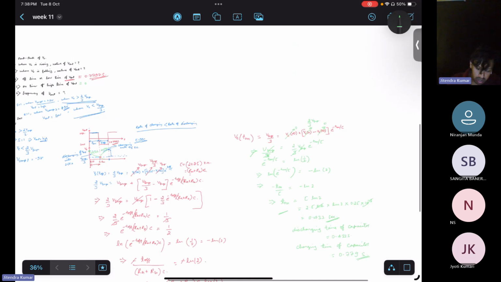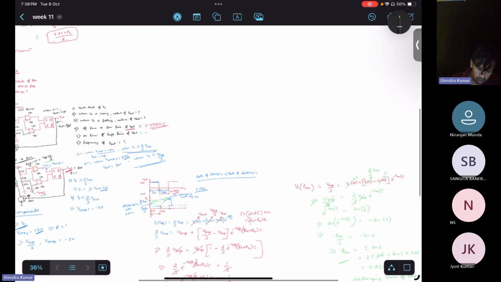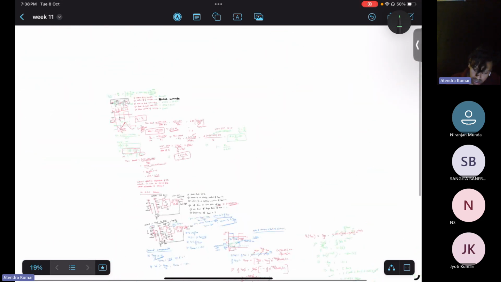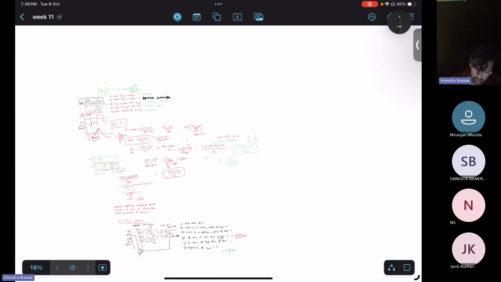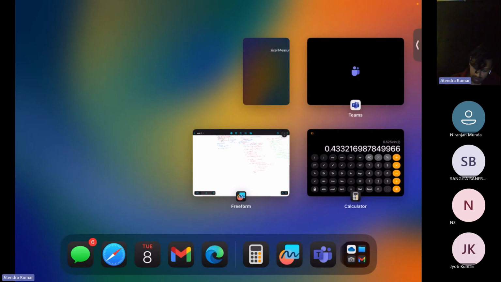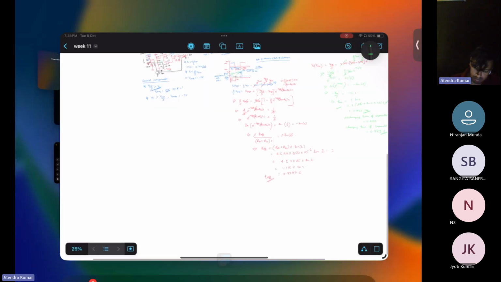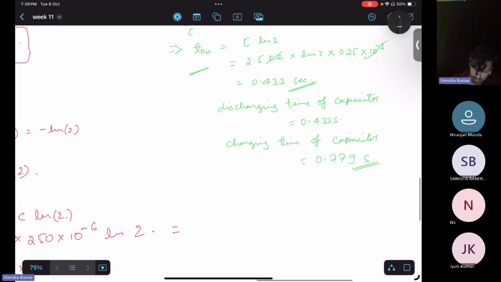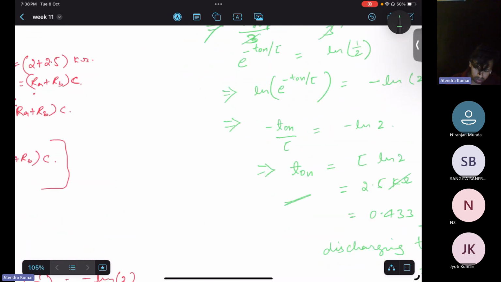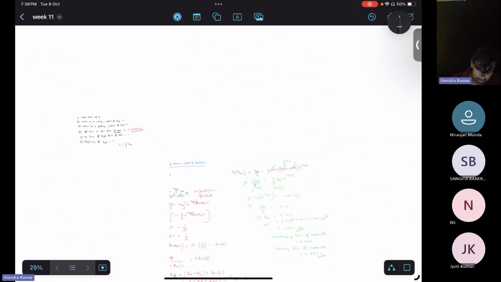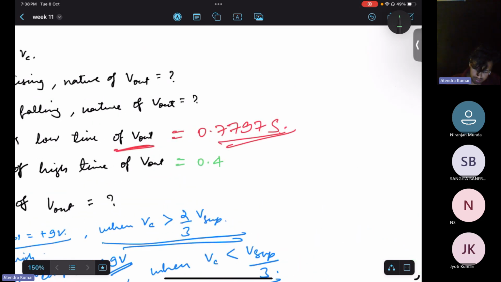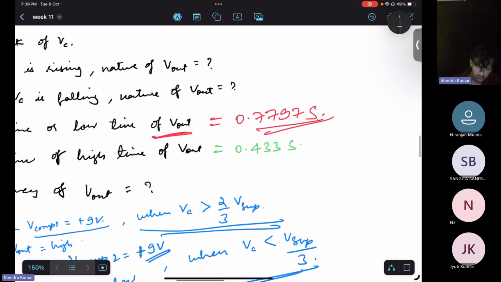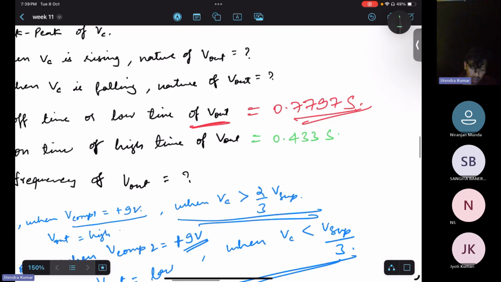So we are able to solve the fourth and fifth part. So these two very important things we have calculated.